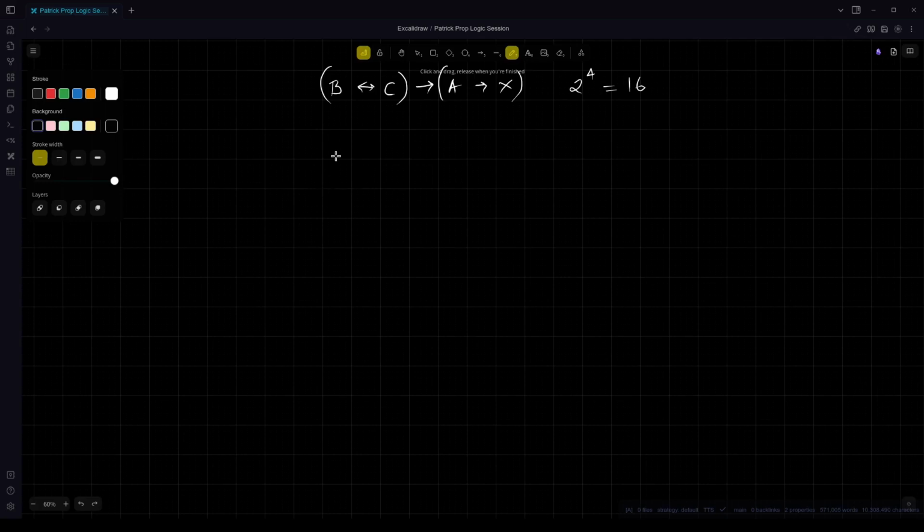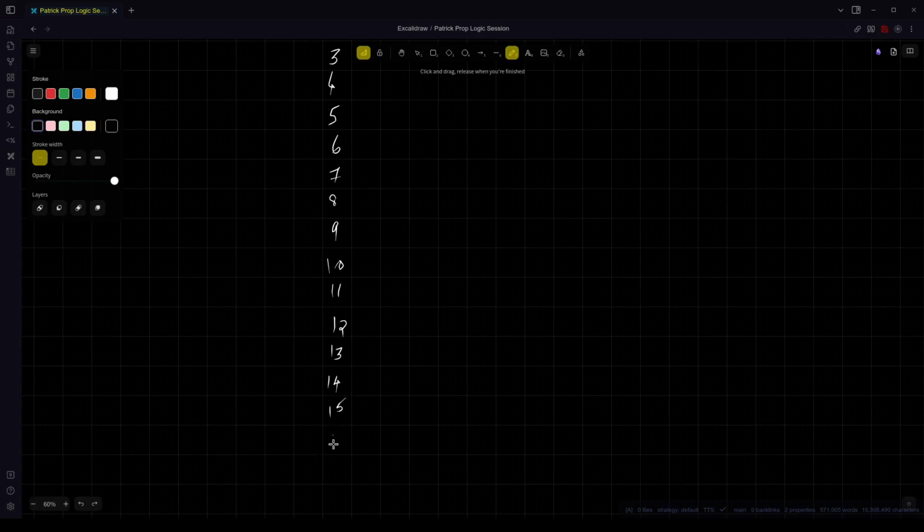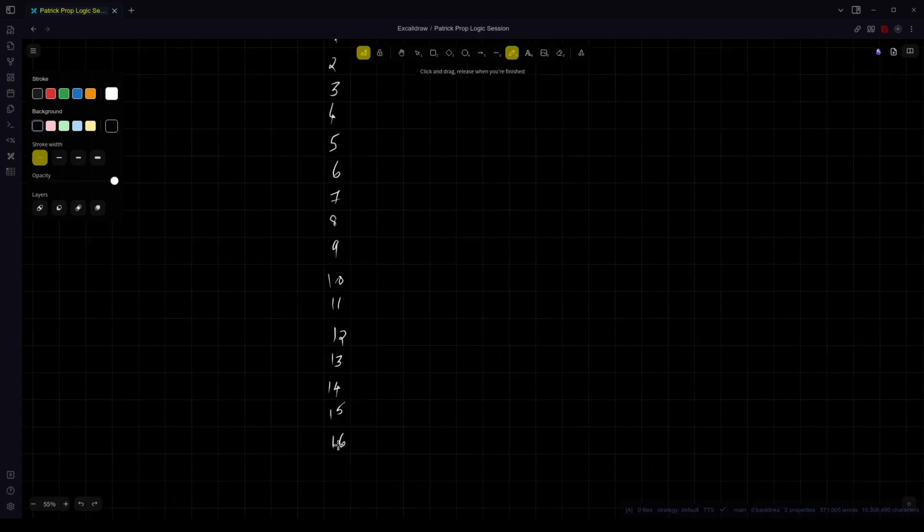Well, we first label the columns, I guess. Let me just write this quickly: 10, 11, 12, 13, 14, 15, 16. Okay, we have 16 rows.